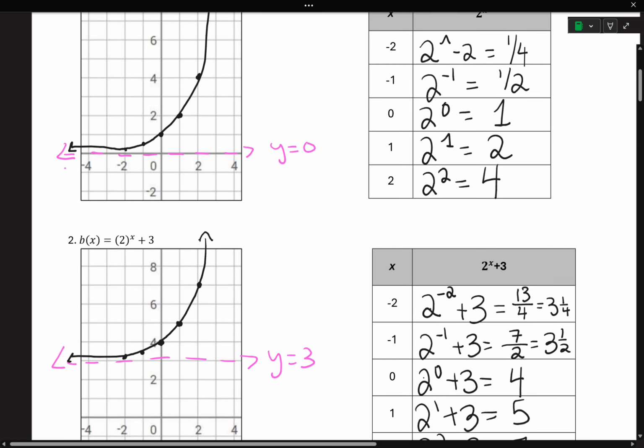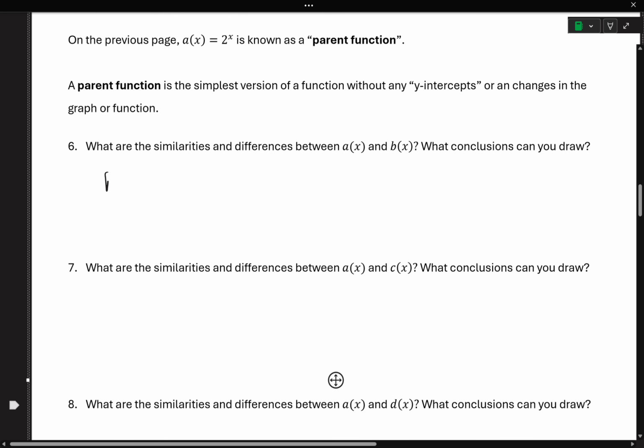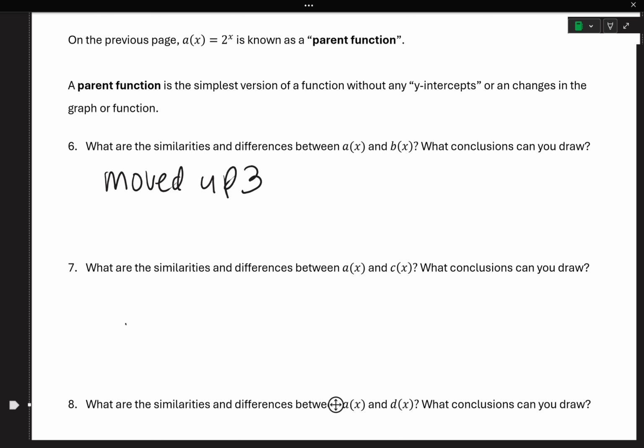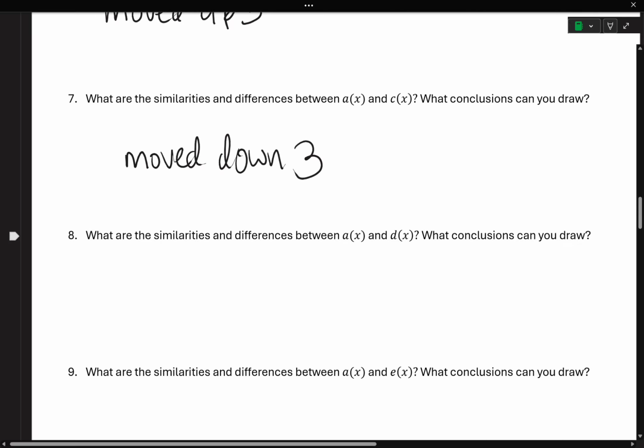This is where we went up. Moved up 3, and then we moved down 3. For number A, we moved left.